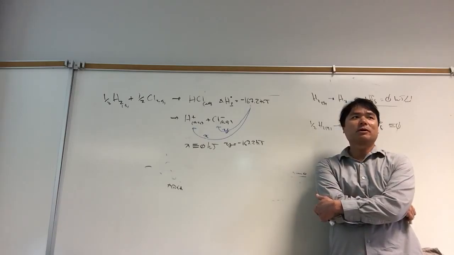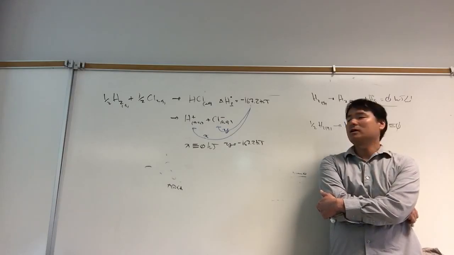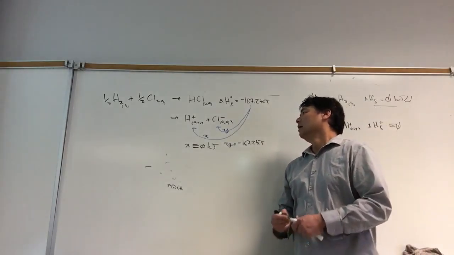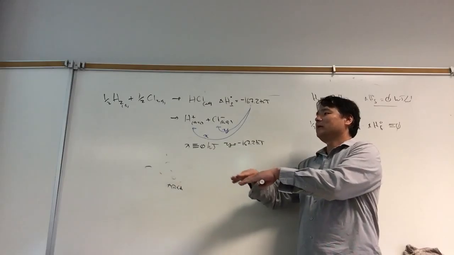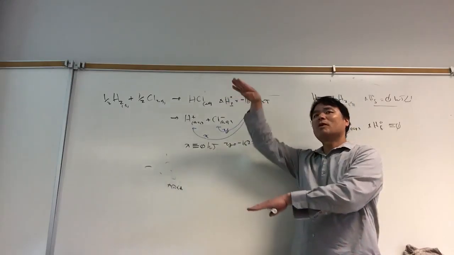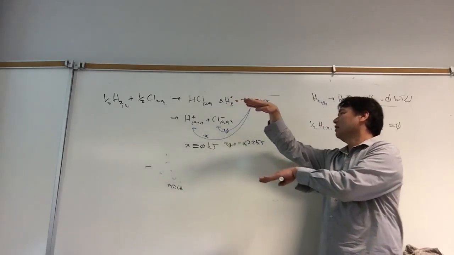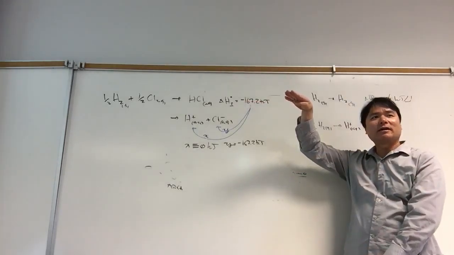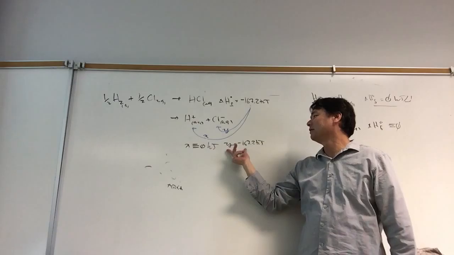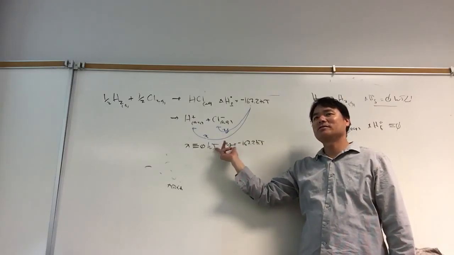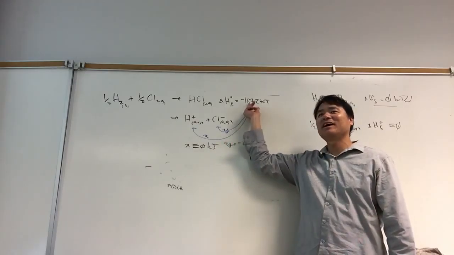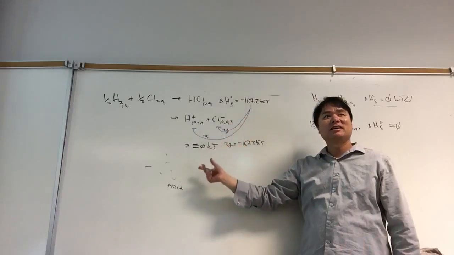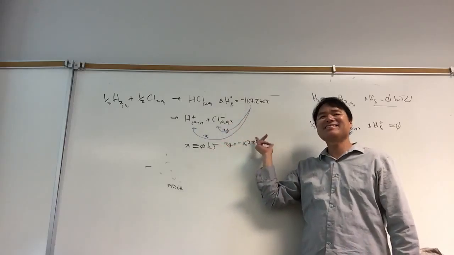This huge error is not a problem, because all the H pluses are going to be a huge error one way, and all the Cl minuses will be a huge error the opposite way. And so when you add them up, those huge errors cancel each other out, and we get the right answer, right? And so when we add these 2 up, we get the right answer.